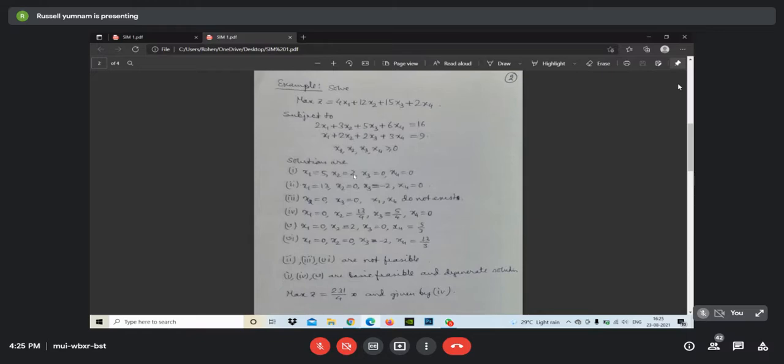And similarly, by taking some other two variables, say for example x2 zero, x4 zero, you can also get the values of x1 and x3. That means in order to solve this system, the number of variables is 4 and the number of equations is 2, and generally we know that it is not solvable.